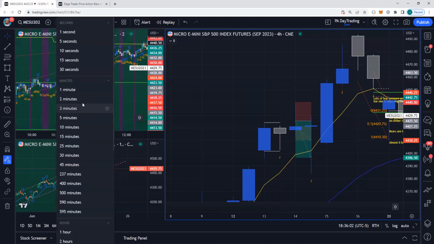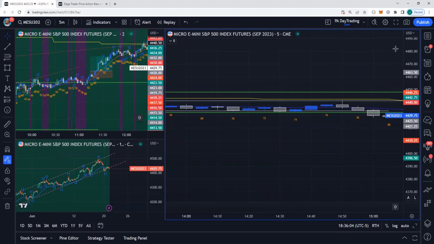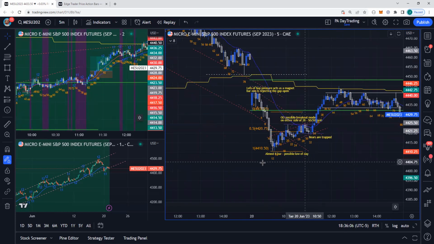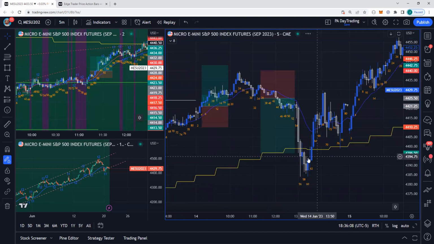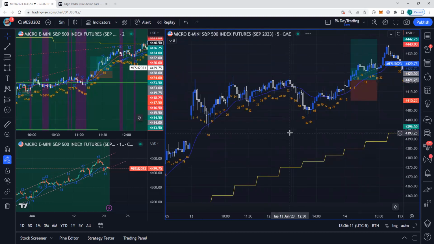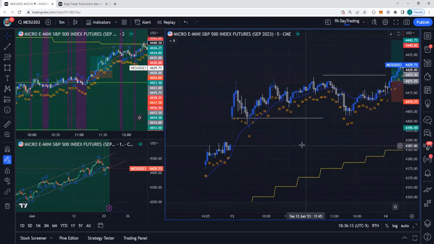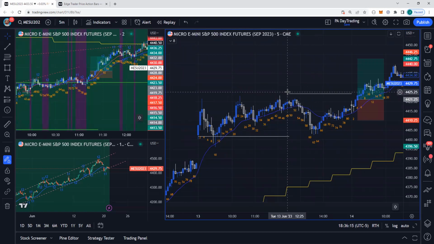So let's zoom back into the 5-minute and find June 13th, which is the 14th. Okay, June 13th. You can see the white lines here, and I'll probably extend them a little further.